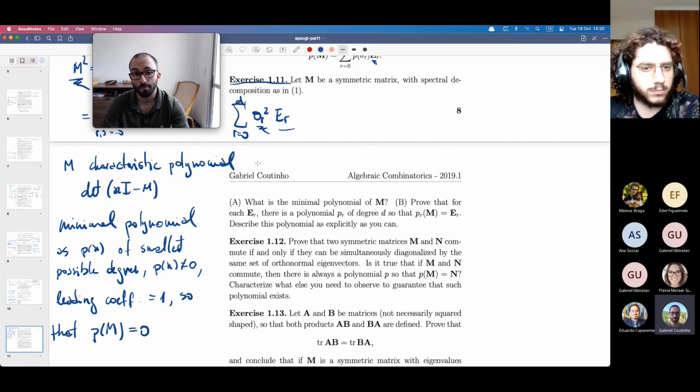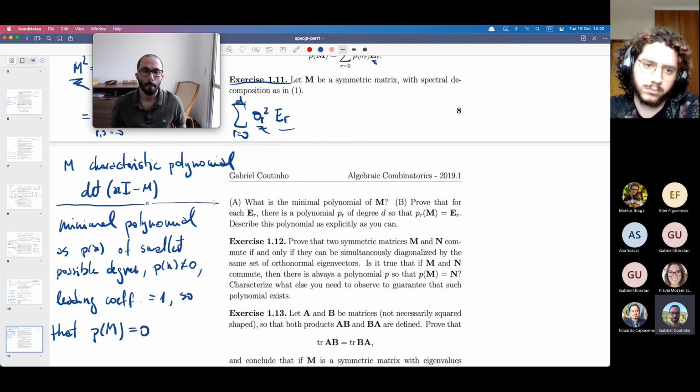These two things are typically different. It's actually a non-trivial theorem in linear algebra that for all matrices, the minimal polynomial divides the characteristic polynomial. But for symmetric matrices, this is actually easy.